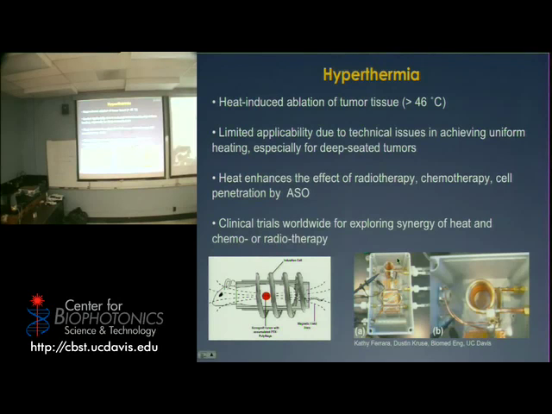And if you can combine magnetic targeting, so moving the ferrofluid in the body and localizing a certain position, and then zap it with an alternating magnetic field, not only do you localize it, but you can also heat it. In essence, this is pretty much how the system looks. It's like a coil where you pass current. The current generates a magnetic field right here in the bore of the coil. And if the current is an AC current, so it goes back and forth, the magnetic field goes back and forth, back and forth.